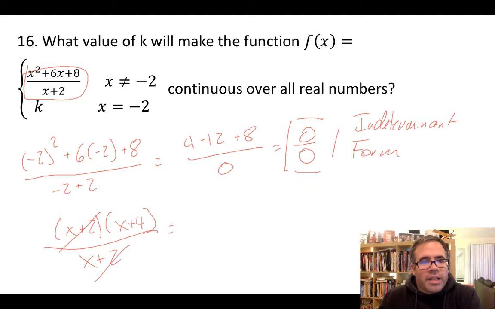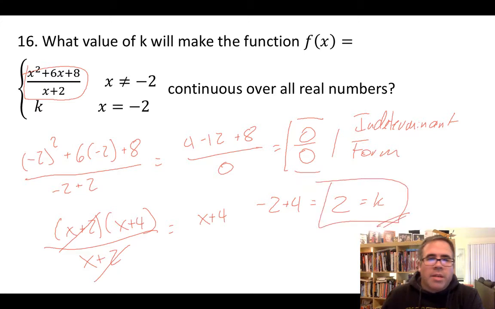It's defined as x plus 4 basically everywhere. And so when you sub in x equals negative 2, negative 2 plus 4 equals 2. So that should be our k to make it continuous, because that way the limit as x goes to negative 2 is exactly equal to the value when x is negative 2.